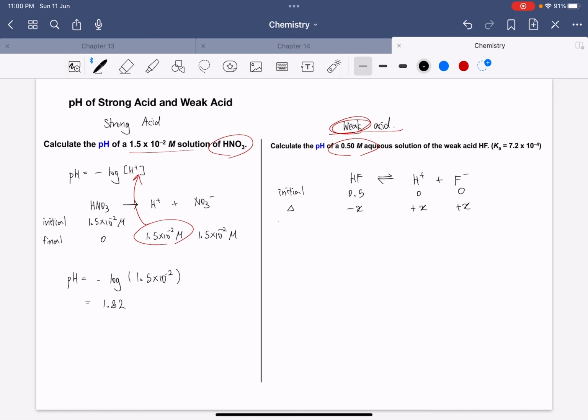Then the final will be just the addition of these two. Then we have 0.5 minus X molar, and here we have plus X molar and plus X molar.